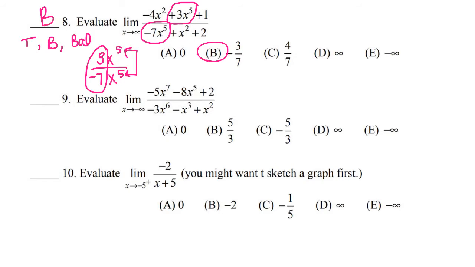By the same reasoning, if we look at number 9. Here we have the highest power on top, negative 5x to the 7th, and I'm comparing that to the bottom, negative 3x to the 6th.